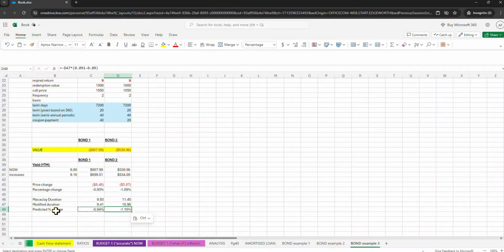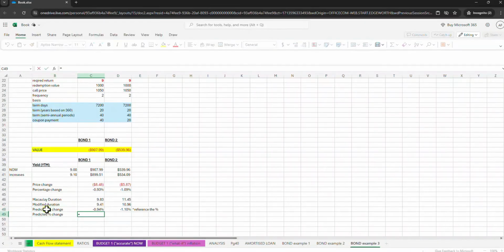Yes. Then we do the same thing for that. Just be careful with this one. Reference the percentage. I'm going to try that again with the formula. Let's just see if it works. It's negative this times open brackets, this divided by 100, minus this divided by 100.